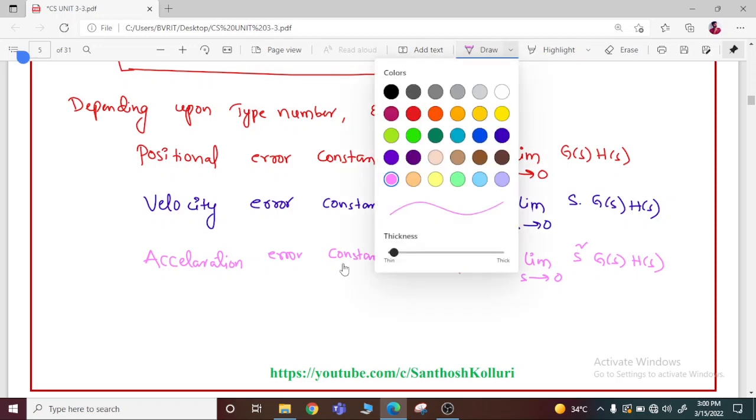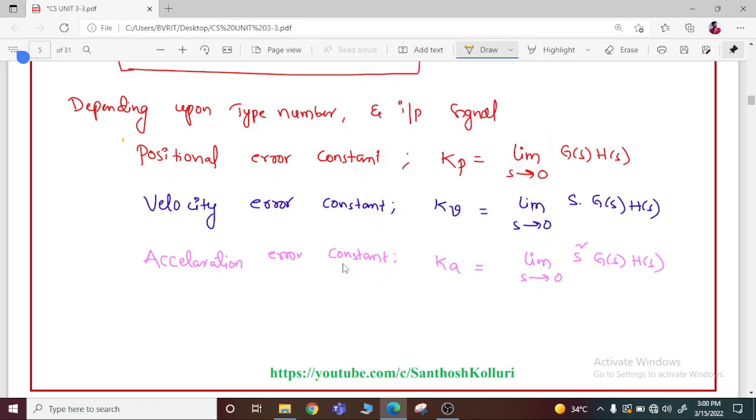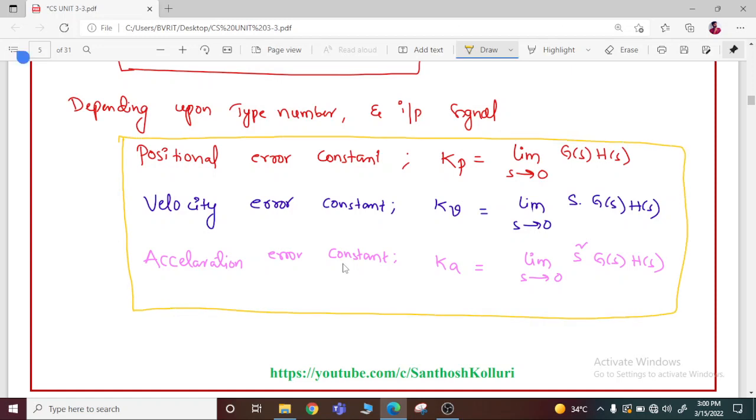So these are very important error constants: positional, velocity, and acceleration error constants, which can be represented with these formulas.